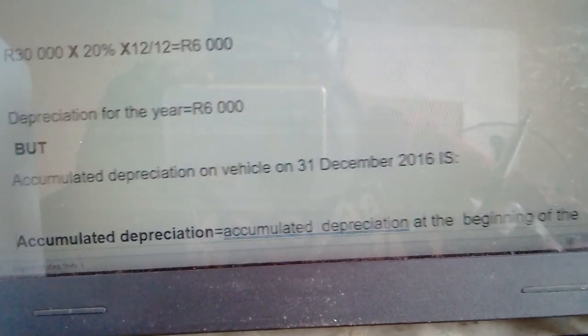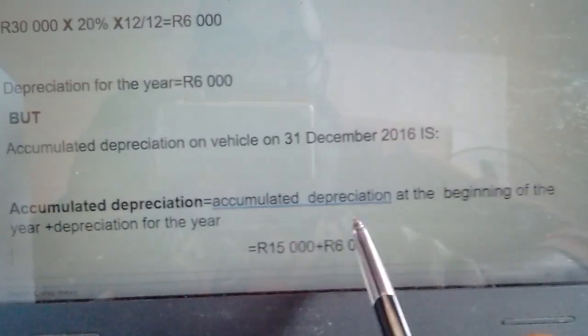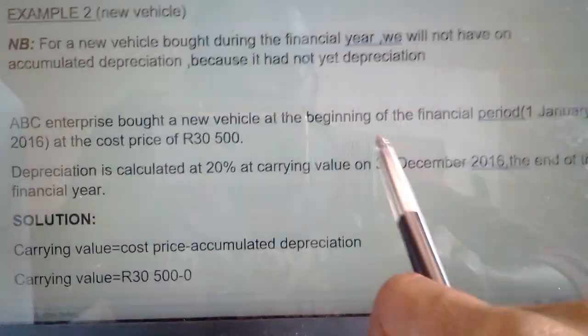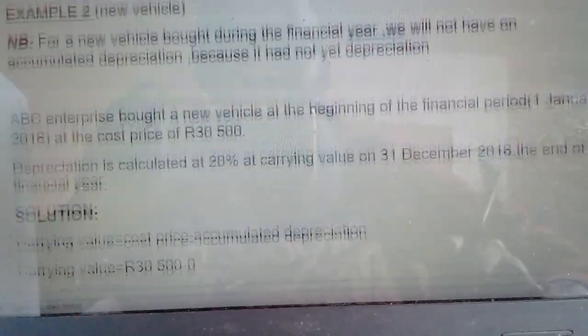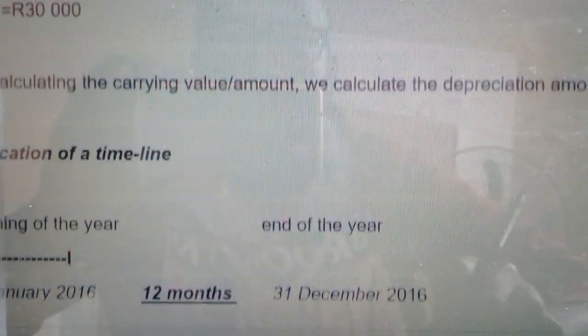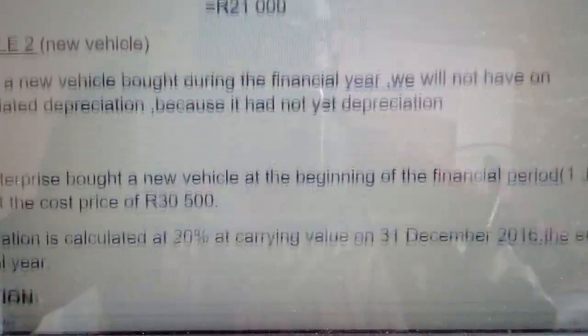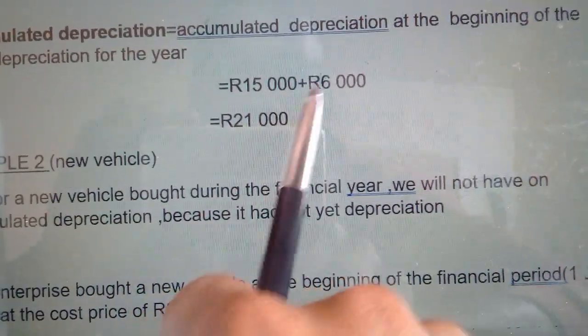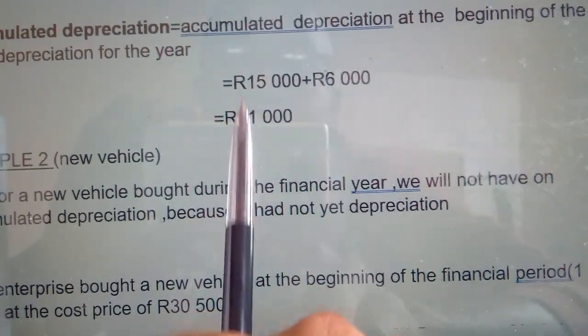Accumulated depreciation on the asset at 31 December is the accumulated depreciation at the beginning of the year, which was 15,000 in our question, plus the depreciation calculated during the year, which was 6,000. It means our accumulated depreciation at the end of the year was 21,000.